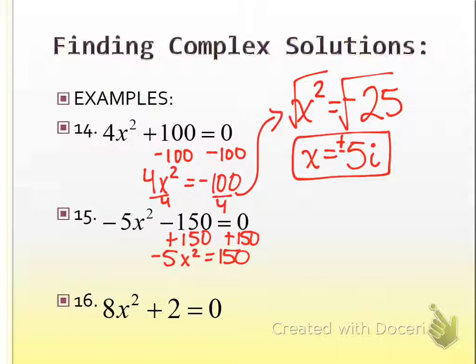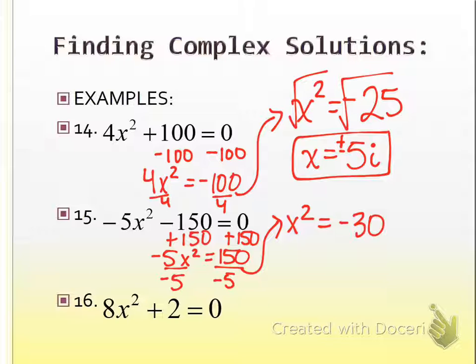Then I would divide by negative 5. So we are left with x squared equals negative 30.